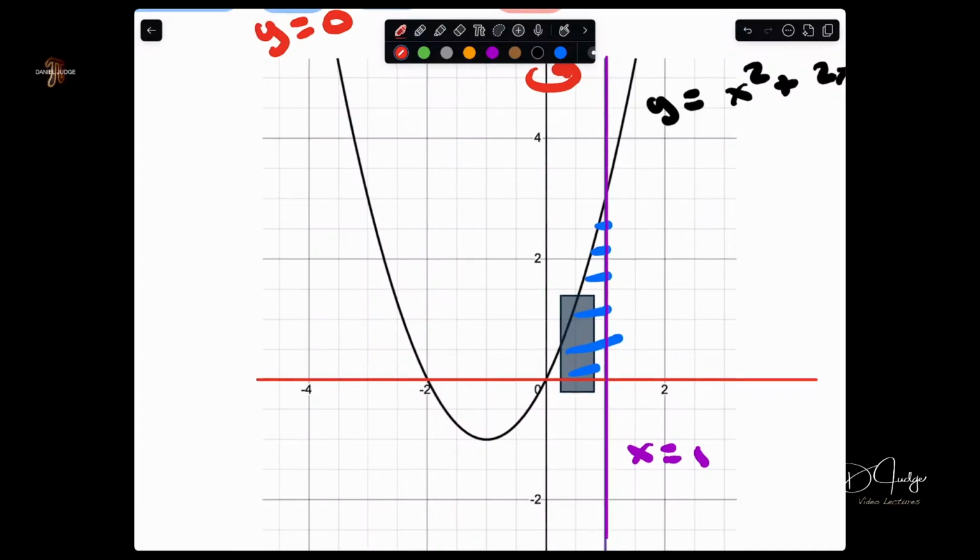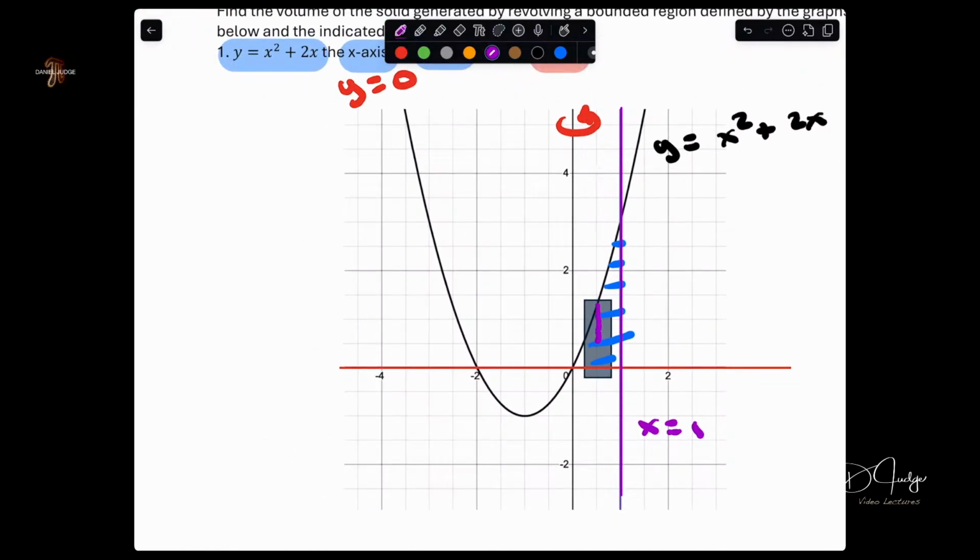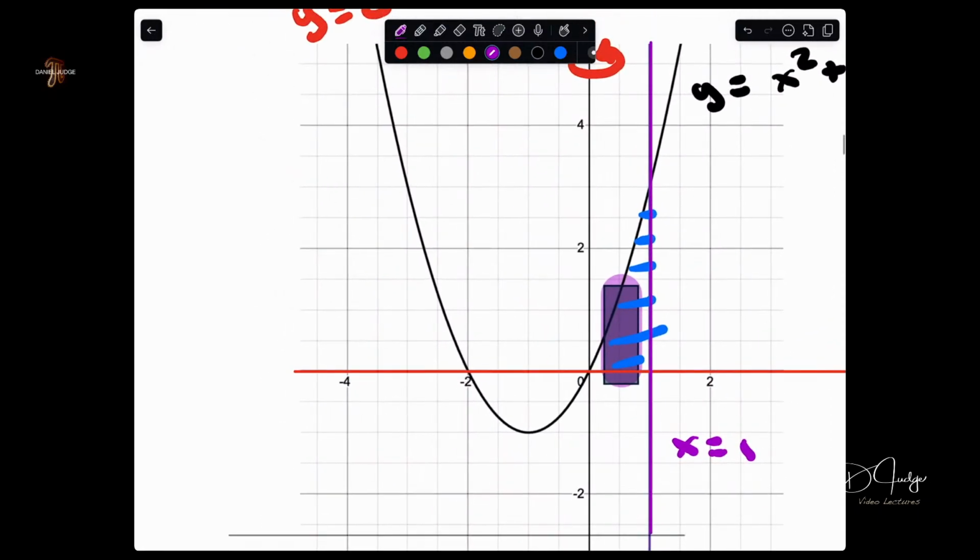And what you will see here, I always draw the approximating rectangle. By the approximating rectangle, what you'll end up doing, if you revolve that bounded region that was described here, you're going to end up getting, if we just take a look at the approximating rectangle, what we call a cylindrical shell.